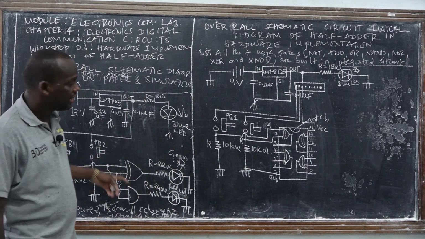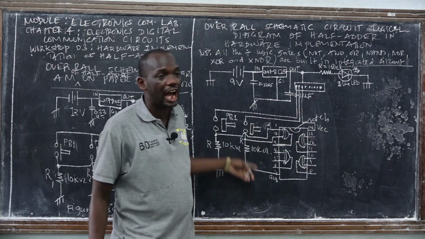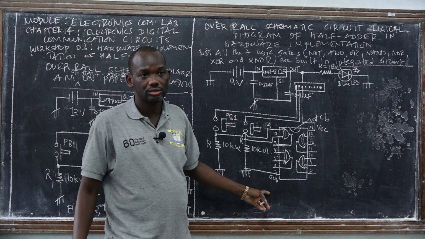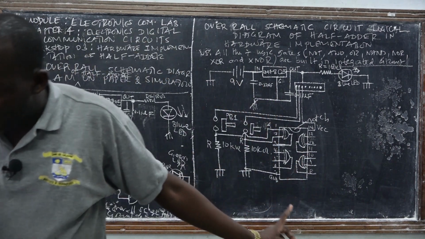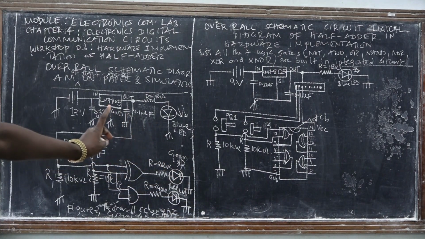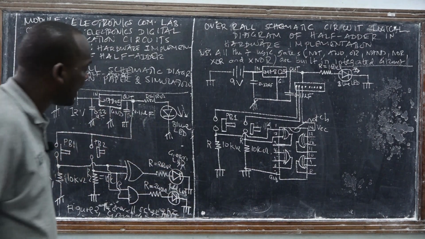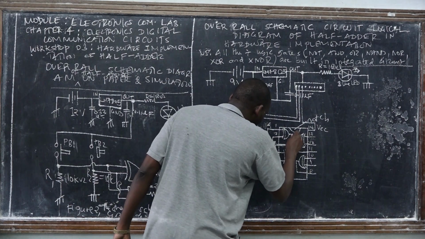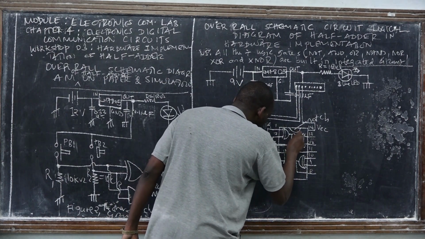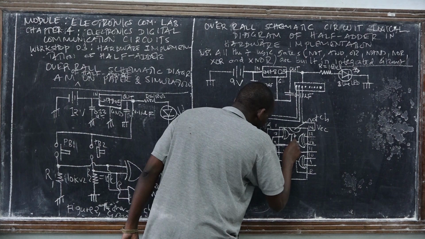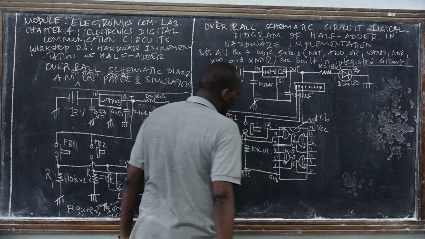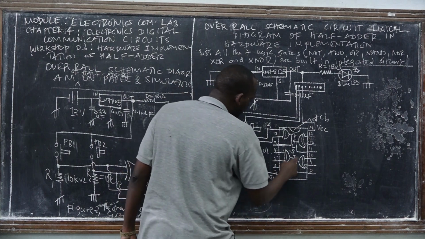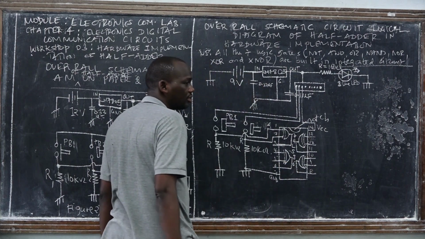This is the exclusive OR gate in hardware implementation. The IC number for that exclusive OR gate is 74LS86 IC. Say 74LS86.